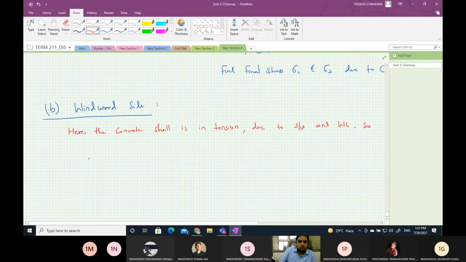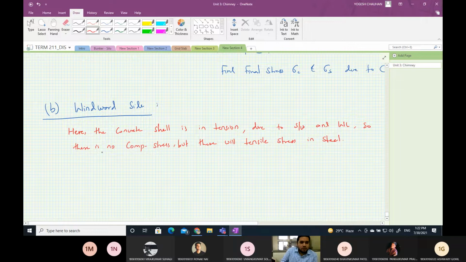So there is no compressive stress, but there will be tensile stress in steel.